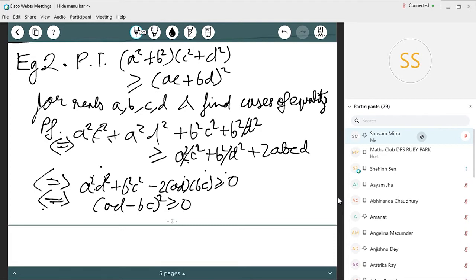Do we go like this backward, or do we have to start from (AD minus BC) whole square in the examination? You should always, as I said earlier, start from this step. I'm just giving you the steps and hints; these are not the proper proofs. When you write it, you have to write that it's given A, B, C, D are reals, and then say we show that this inequality is equivalent to proving (AD minus BC) whole square is greater than or equal to 0, which is true by the square inequality and order properties of reals.